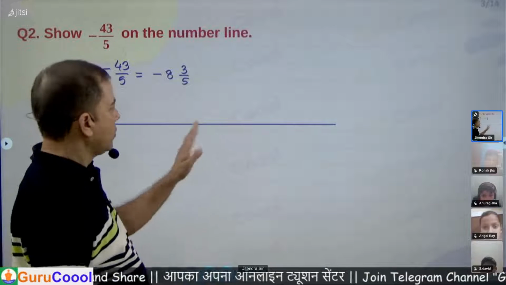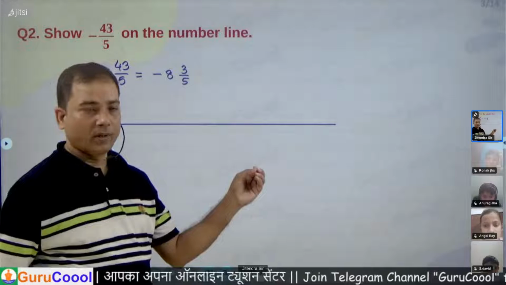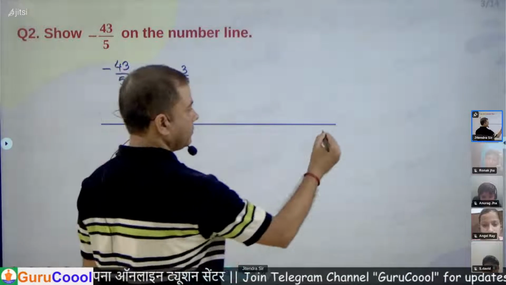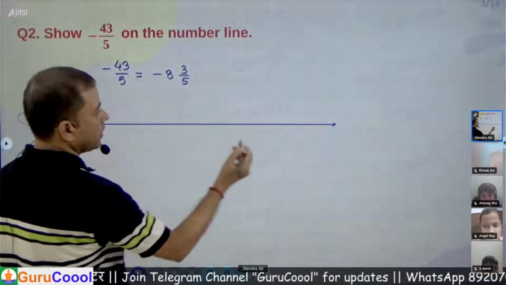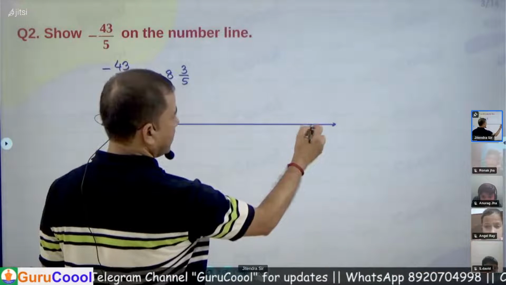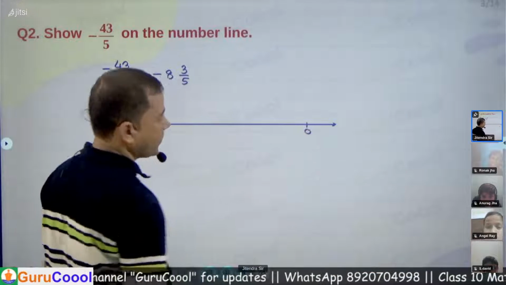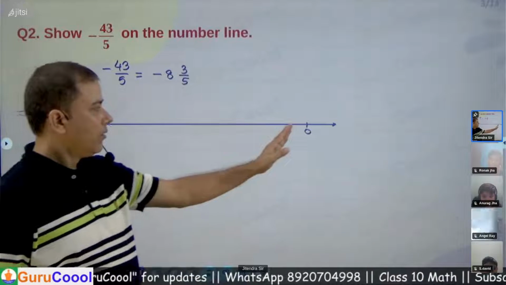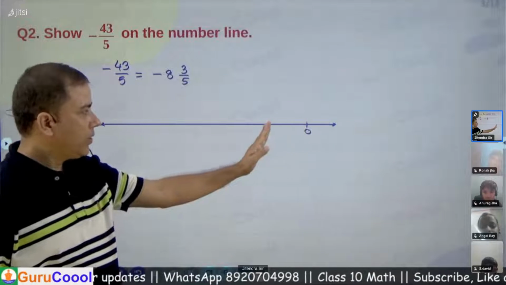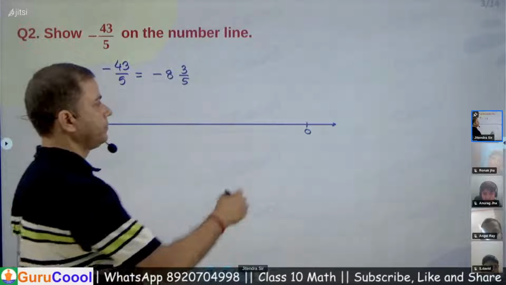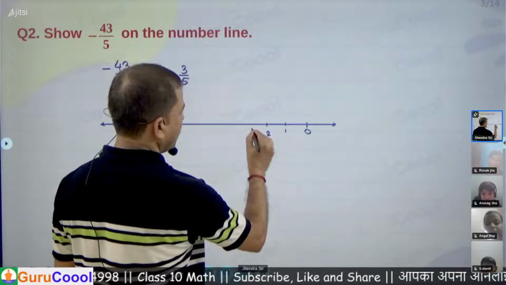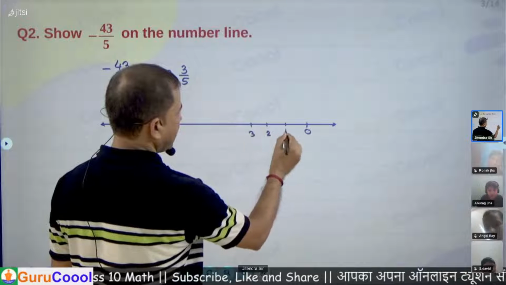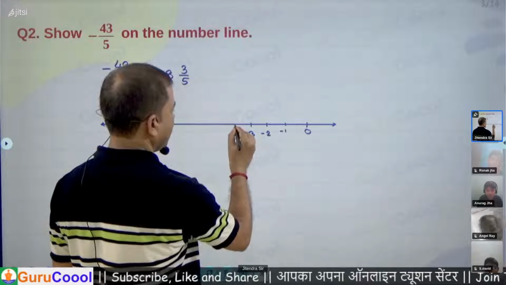Okay, so let us fix 0 somewhere. I'll take 0 in this place, and then we will travel 8 units on the left side. 1, 2, 3, it's negative, all negative numbers.